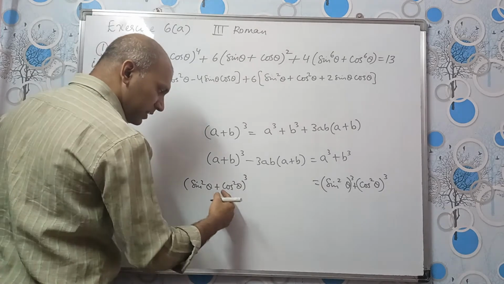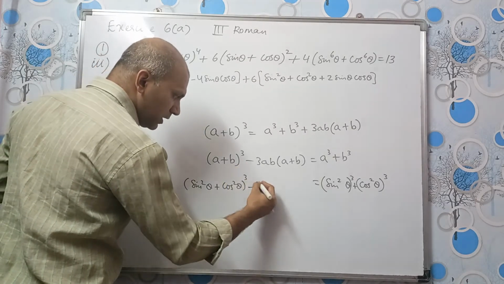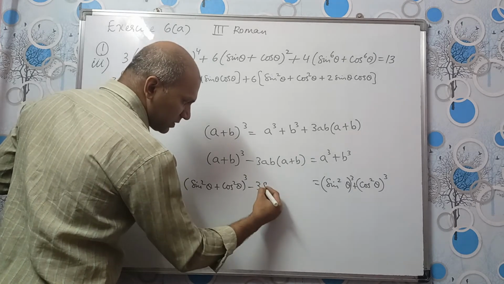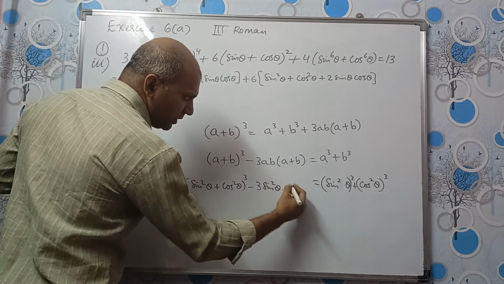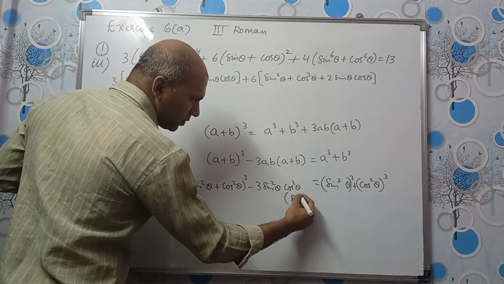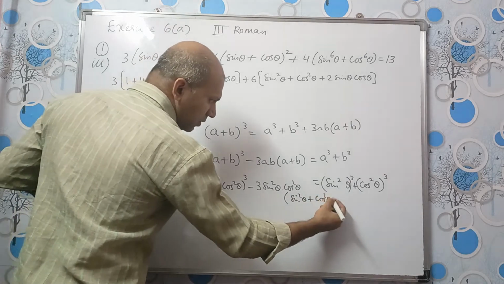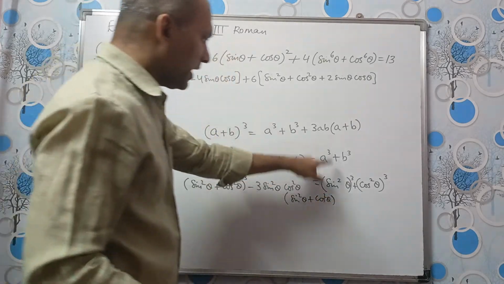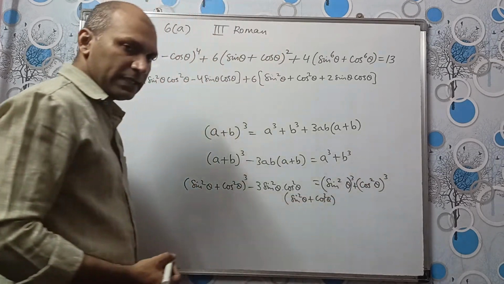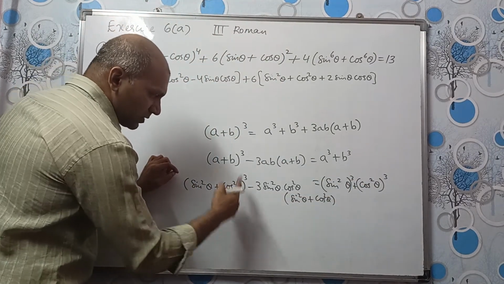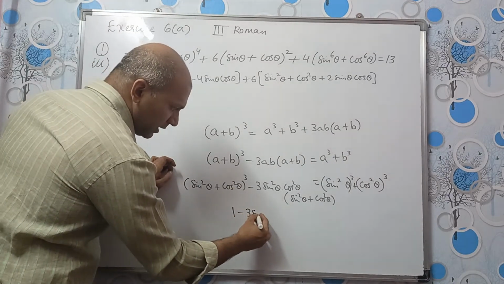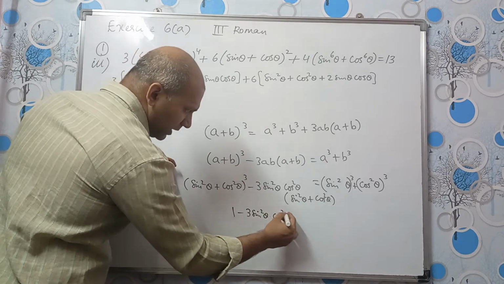So it is (sin square theta plus cos square theta) whole cube minus 3 into a, a is sin square, b, b is cos square, multiplied by (a + b). So here also sin square plus cos square. So we can write sin power 6 theta plus cos power 6 theta in this form and use this identity, right? And sin square plus cos square is 1. So this whole part will become 1 cube, which is 1, minus 3 sin square multiplied by cos square.